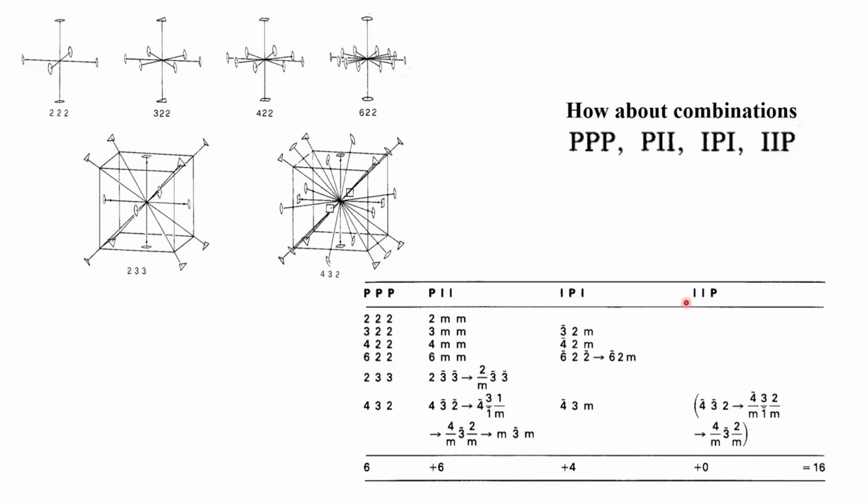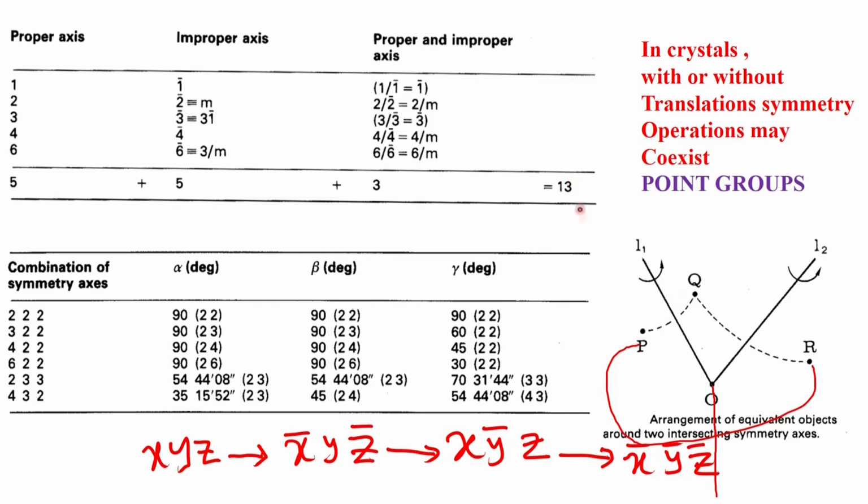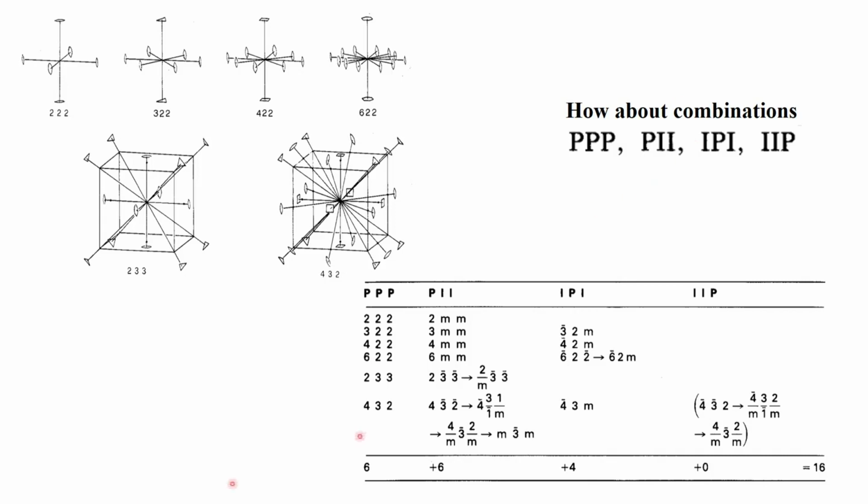And this now defines the remaining part of our point groups. Remember we had 13 plus 13 point groups, proper, improper and proper, improper combined, that gave 13, and we have to now reach 32, which is the 32 point groups that are allowed in crystalline materials, and therefore we have to have these combinations.